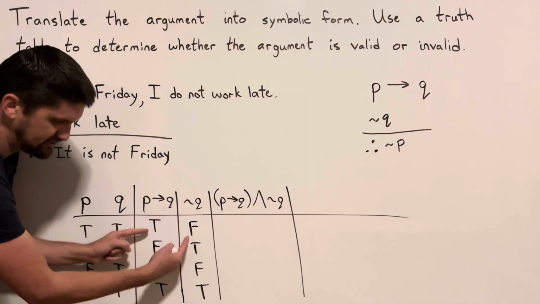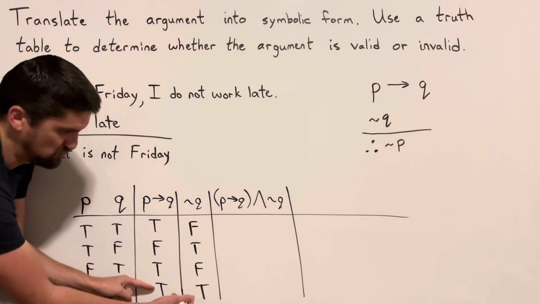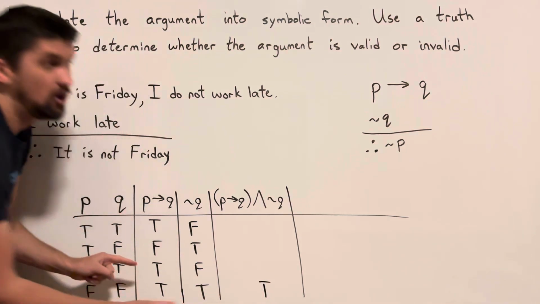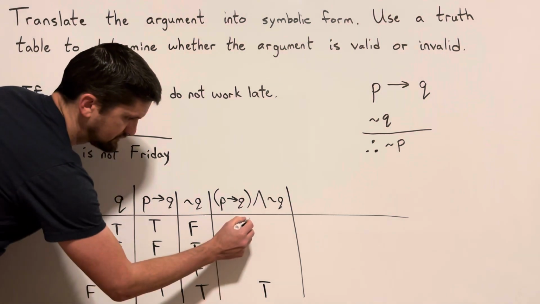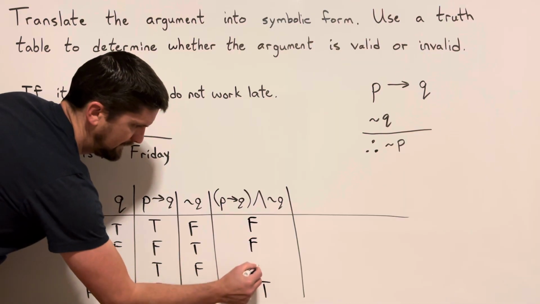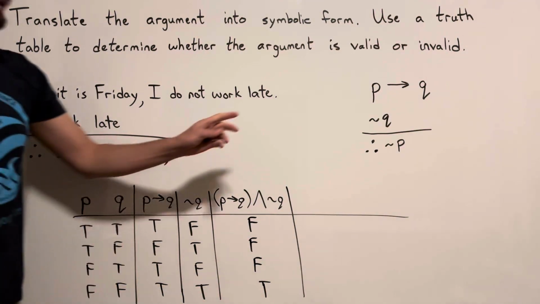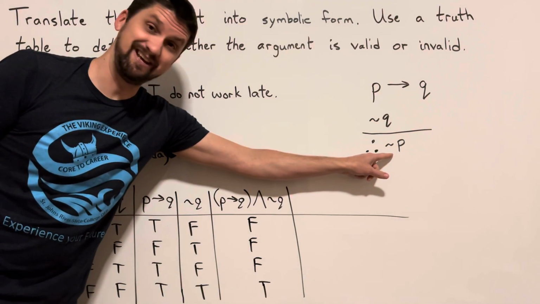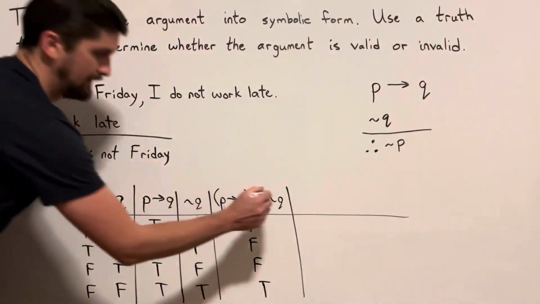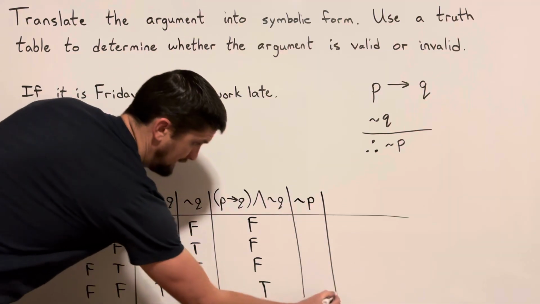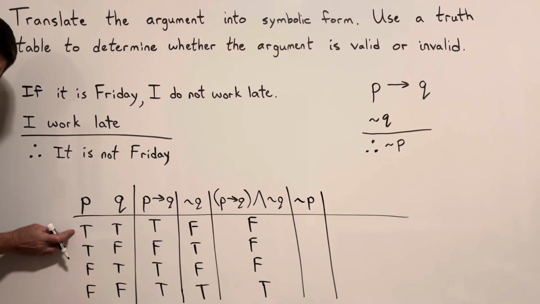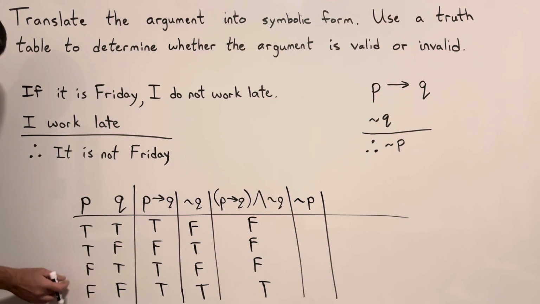So you're looking for cases where they're both true, and there's the bottom one here. All the other scenarios will be false. All right, now I'm going to make a column for the negation of P. That takes the P column and does the opposite. It would be false, false, true, true.